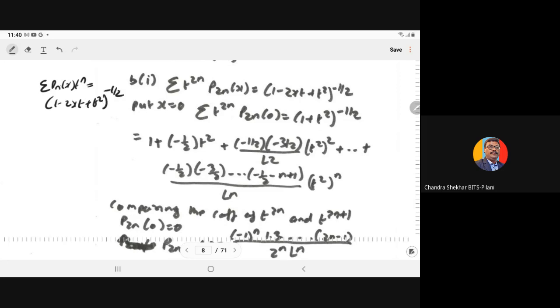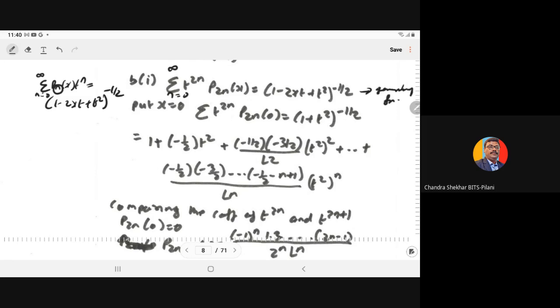So in place of the n, we are writing the 2n, because in the summation it will not affect if you multiply with the 2, because here we have the summation from n is equal to 0 to infinity. So our generating function will become summation n is equal to 0 to infinity t to power 2n P_2n x is equal to 1 minus 2xt plus t square power minus half. That is our generating function.